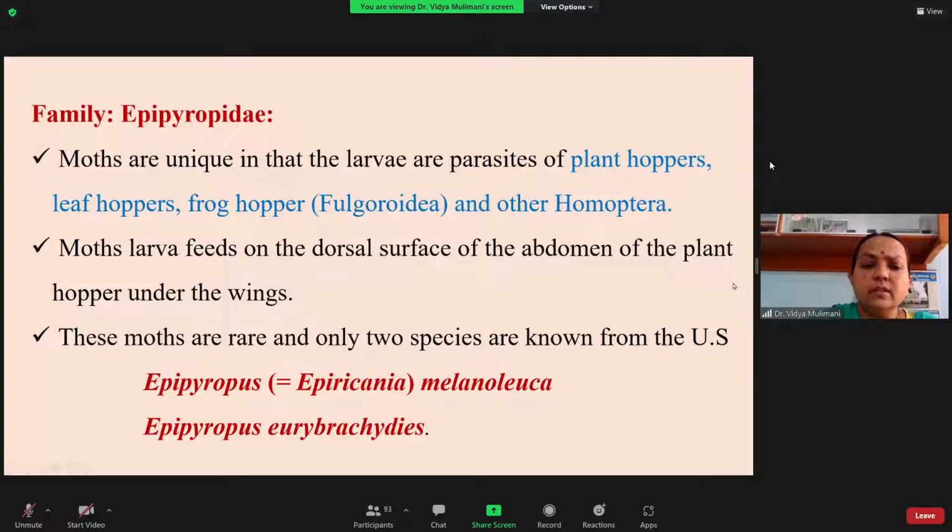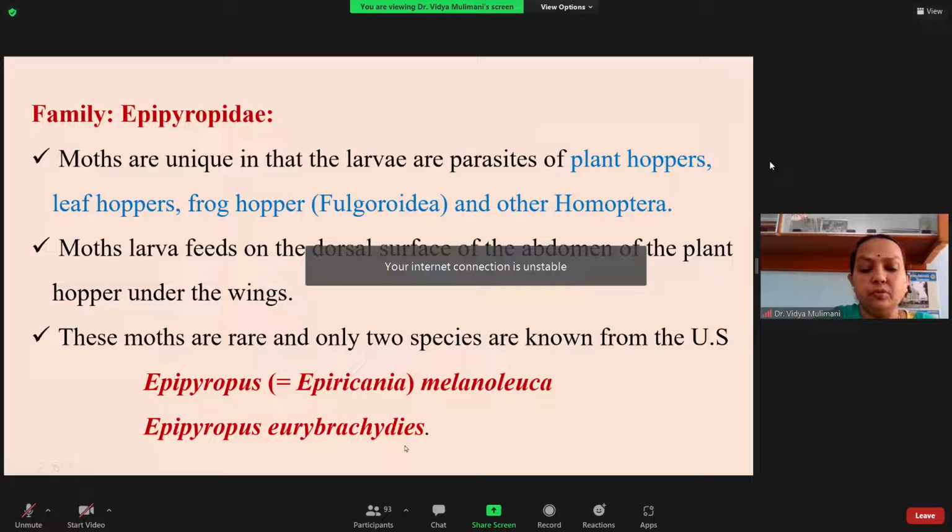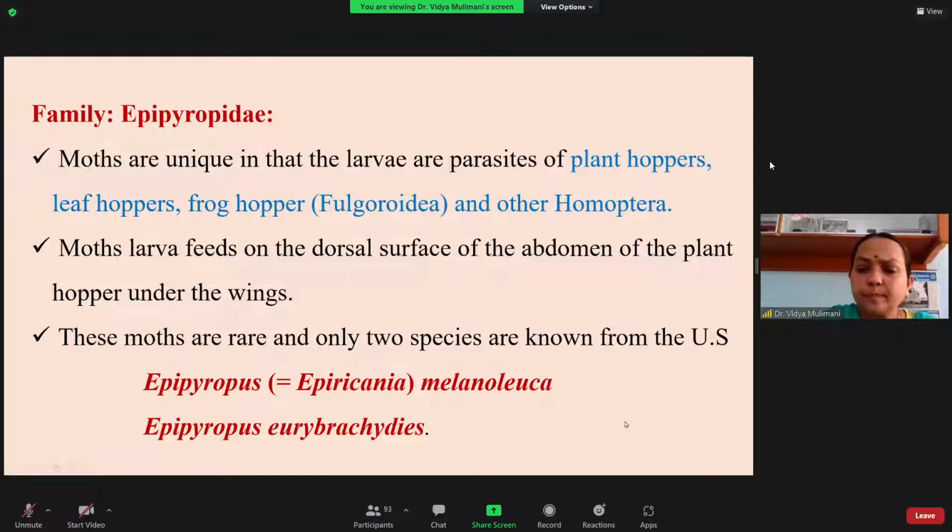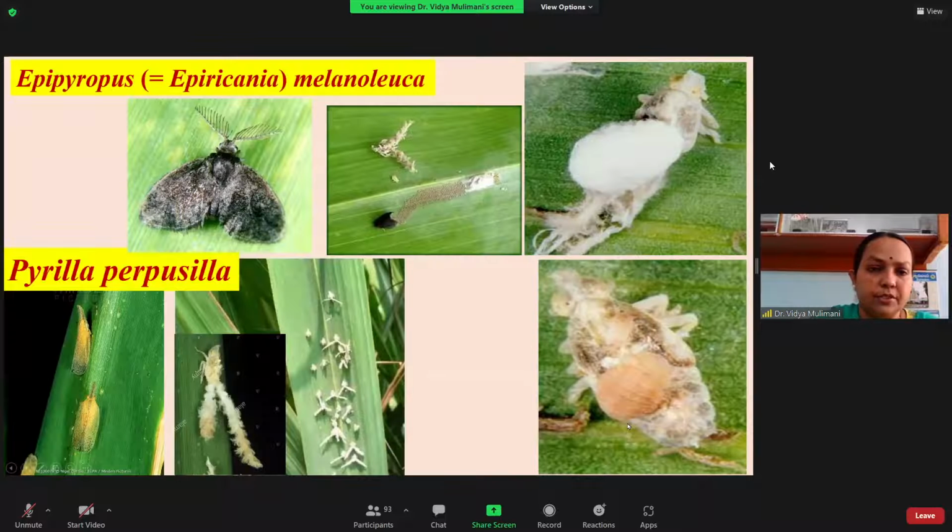These moths are rare. With Epiperophus, it is the Epericania melanolica that you have in India; we don't have Epiperophus uribrachidae, only the melanolica. So this is the Epiperophidae family, which does the job of parasitization.